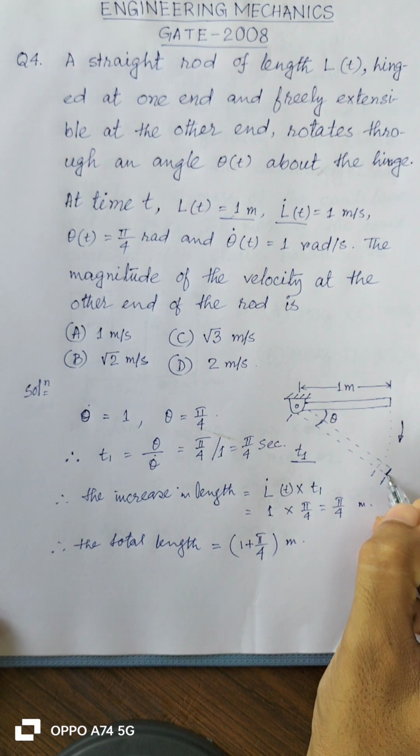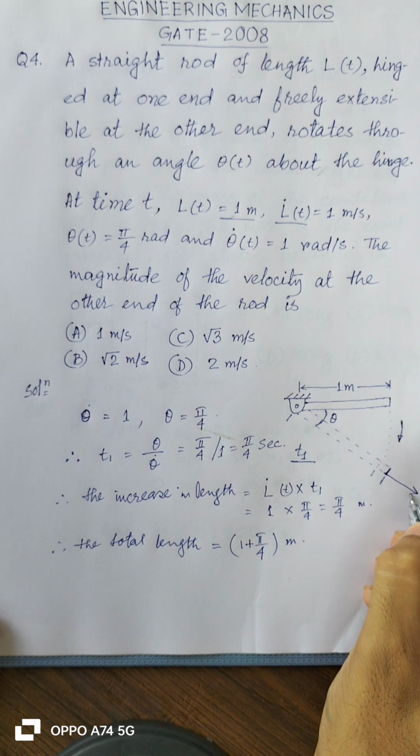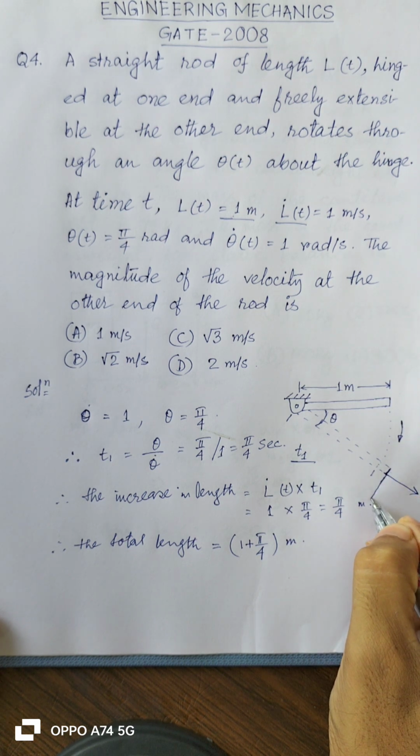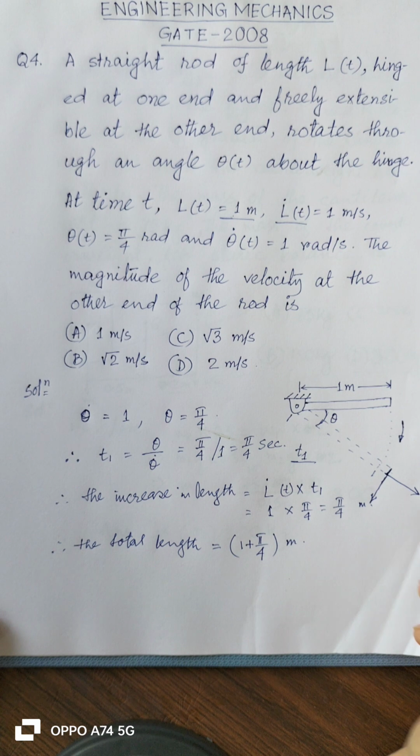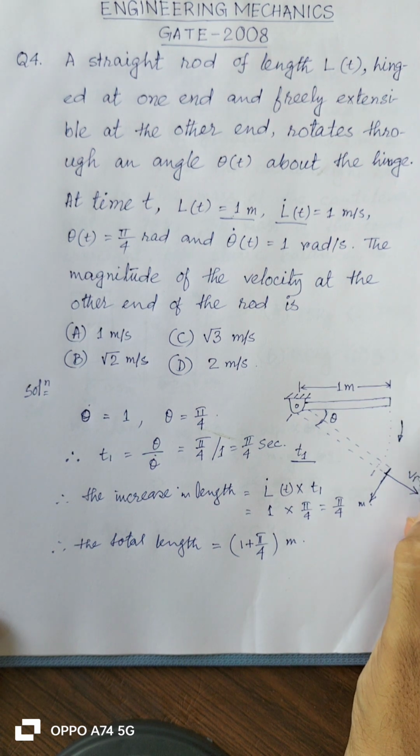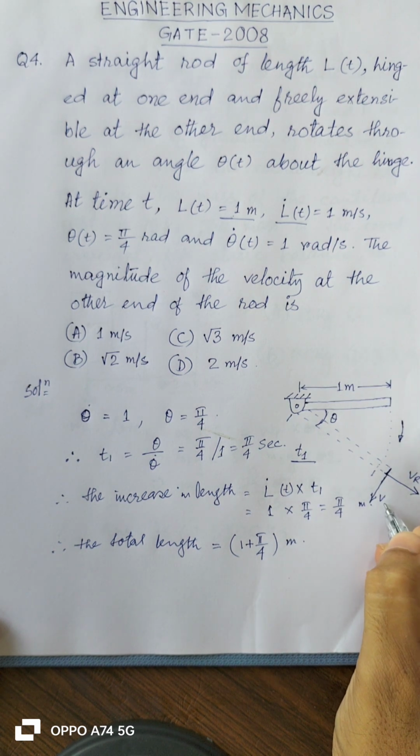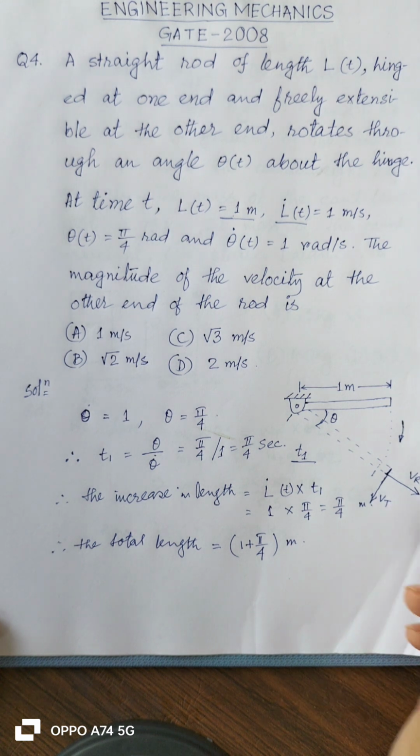There will be two types of velocity. One is radially outward and another one is tangential. Okay, let this be VR and this be VT, tangential velocity.